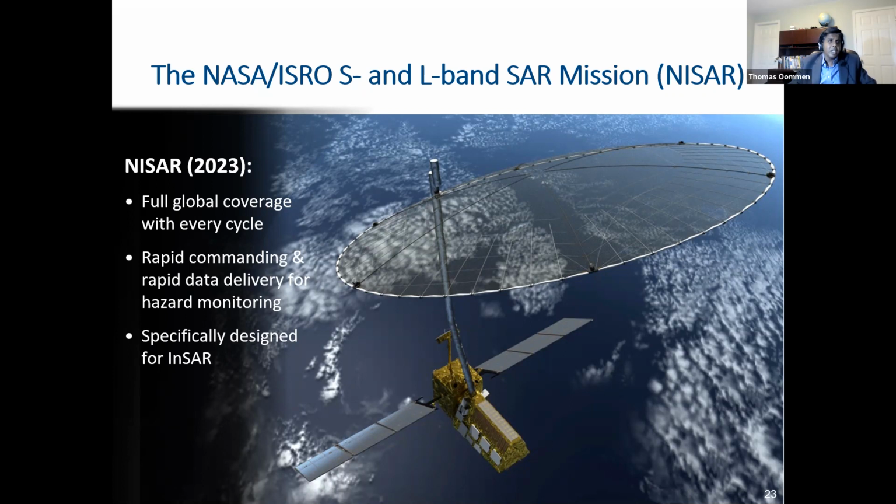But this is an exciting opportunity for hazard monitoring, that the US will have this, and that we will have some more opportunity to rapidly image some areas if we have hazards that are going on. So if you are interested in some research, I would encourage you to take a look at this area, if you're interested in research in InSAR.